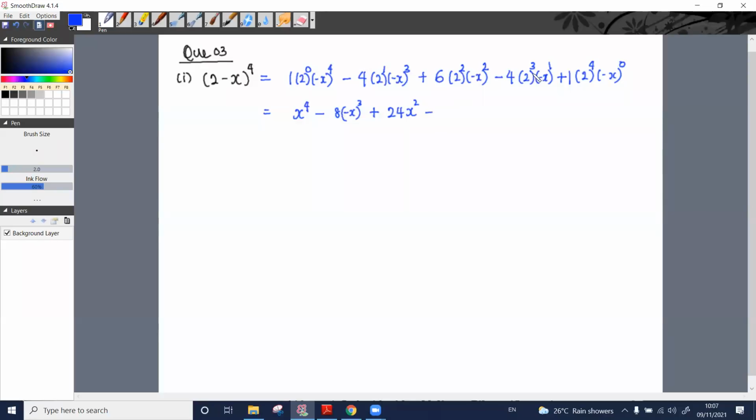Minus, here 2 to the power 3 means 8, 8 into 4, 32, minus 32 into minus x. And the last term, 2 to the power 4 means, plus 60.